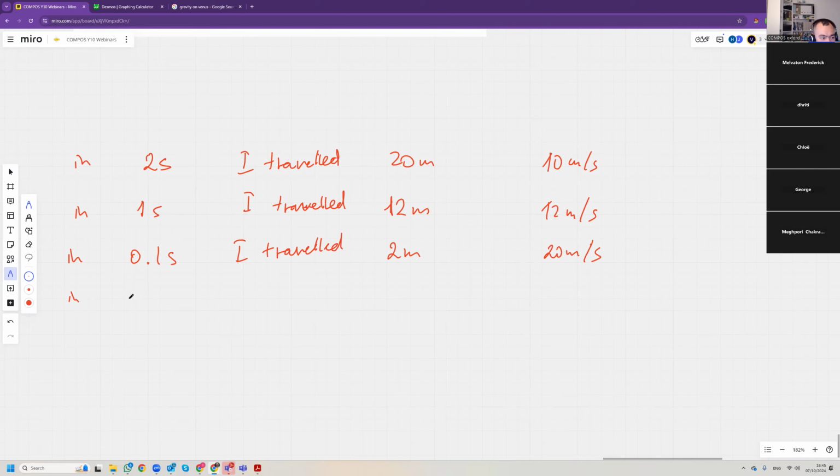And in 0.001 seconds, I traveled 0.2 meters. And so my speed is also 20 meters per second. So it looks like I started moving at 20 meters per second, then my speed decreased.